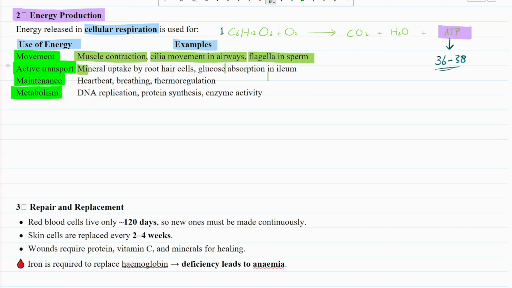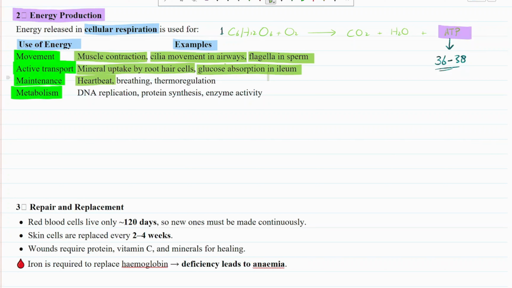Active transport means mineral uptake by root hair cells. You know what active transport is? Movement of substances from lower concentration to higher concentration. So active transport happens in the root hair cells, and in glucose absorption in the ileum of humans also.